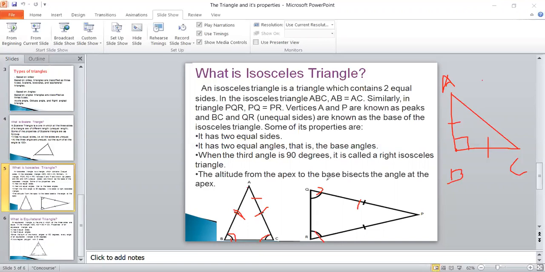Why is it called the third angle? What I told you is, if two sides are equal, then the opposite angles are equal. Look at the figure I have drawn here. In the figure ABC, as AB is equal to BC, what is the opposite angle of AB? This is angle C, the opposite angle of AB, right?